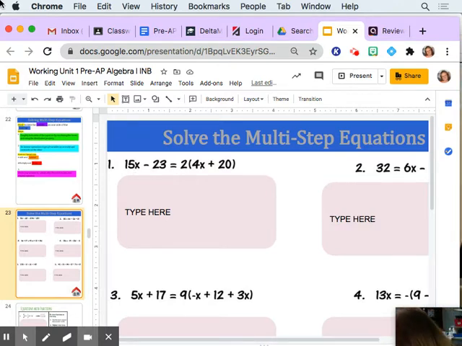The title would be Solve the Multi-Step Equations. I'm going to write the first one down, and then I'll switch over to my document camera so y'all can see what I'm writing.